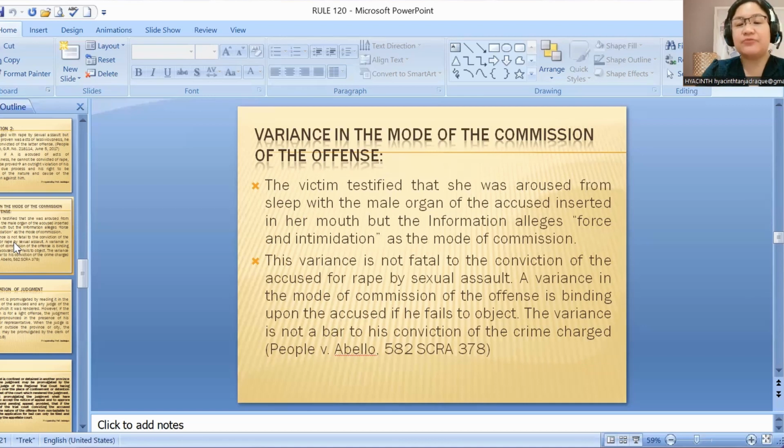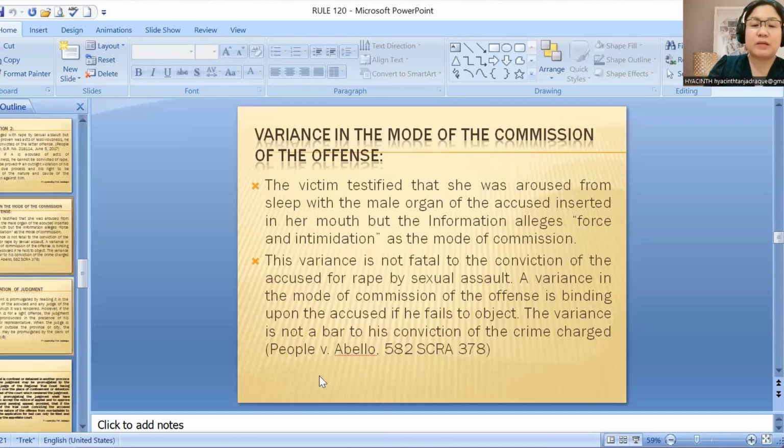The victim testified that she was aroused from sleep with the male organ of the accused inserted in her mouth. But the information alleges force and intimidation as the mode of commission. Meaning to say there is a discrepancy as to how rape was committed.